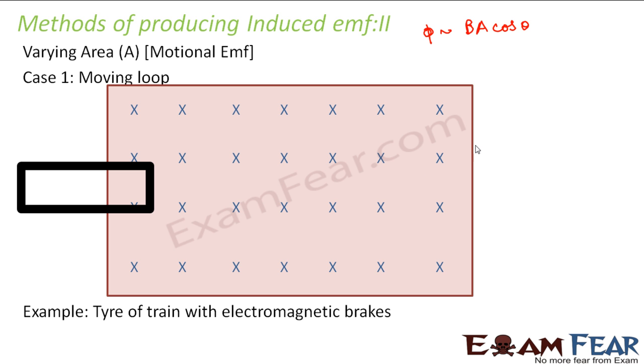So at both the boundaries there is a change in area, that is, the area of the loop under the magnetic field undergoes a change. Therefore, at both the boundaries there is a change in flux, and therefore an induced current is set up in the circuit at the boundaries.